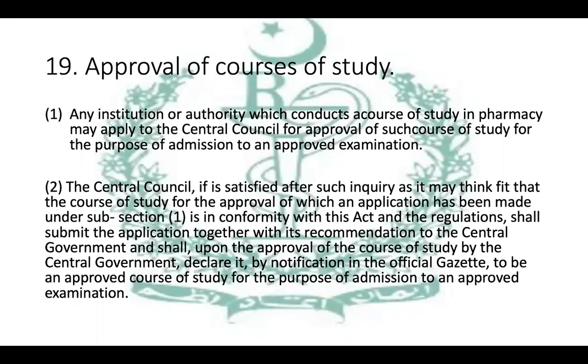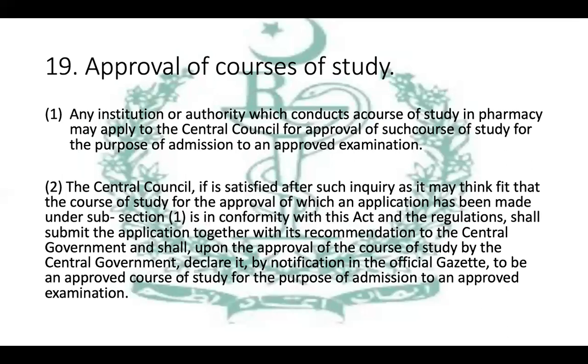19.2 says, the Central Council of Pakistan Pharmacy Council, if it is satisfied after such inquiry as it may think fit that the course of study for the approval of which an application has been made under subsection 1 is in conformity with the Act and the regulations, shall submit the application together with its recommendation to the central government and shall, upon the approval of the course of study by the central government, declare it by notification in the official gazette to be an approved course of study for the purpose of admission to an approved examination.